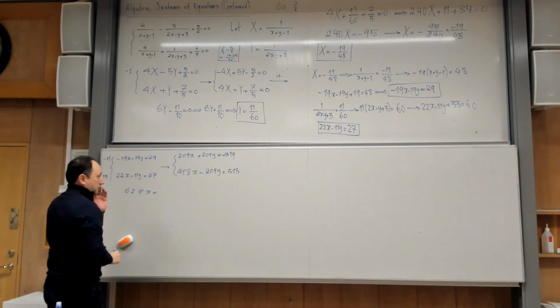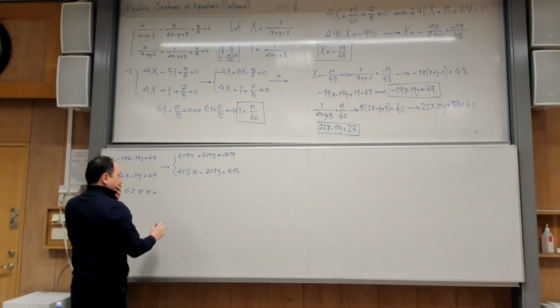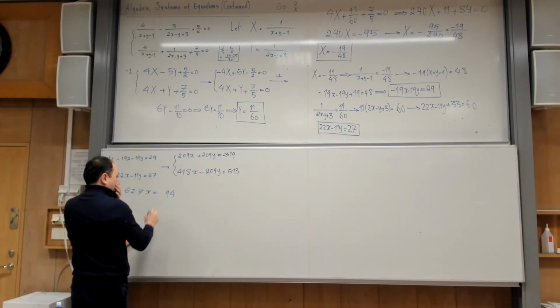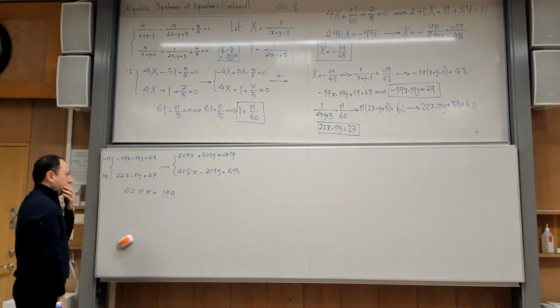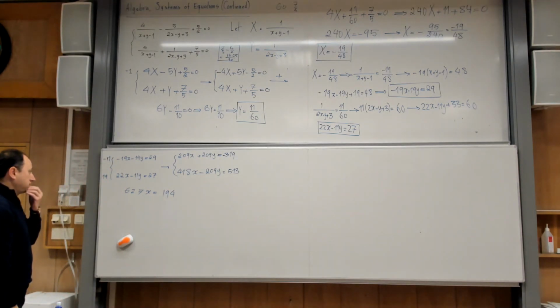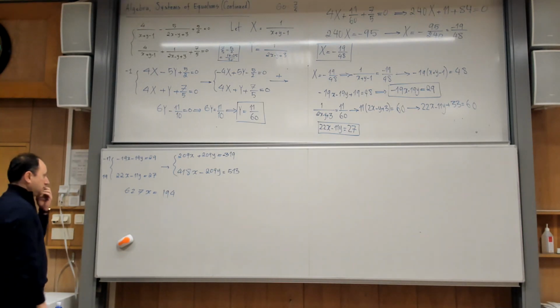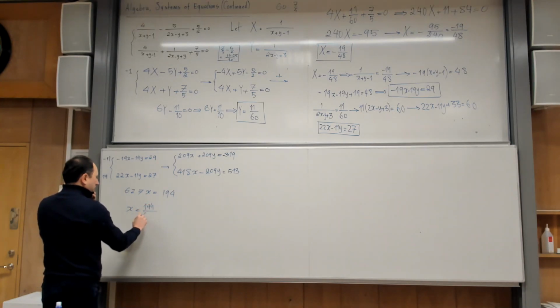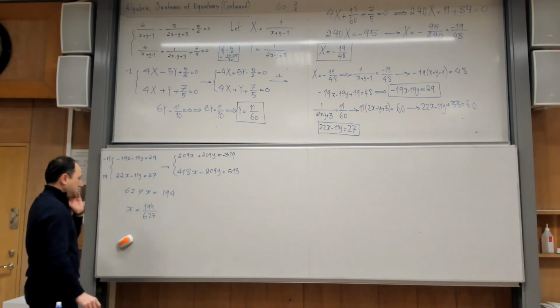If I subtract them, it is how much? 194. So am I right? Yes. Did you check it? This is what I put. Okay. Yes. And then x is equal to 194 divided by 627.